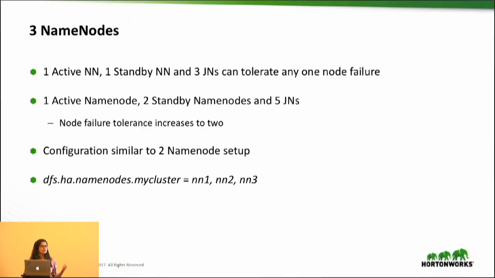One of the 2 name nodes can fail over, but if more than one journal node fails, then we are again back to having the system down. So it's still possible to have that. It's just we wouldn't have the two node failure tolerance.